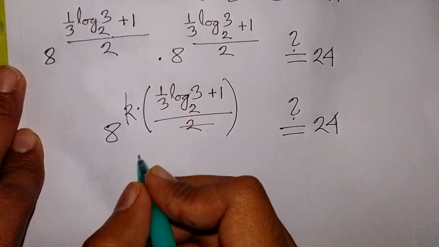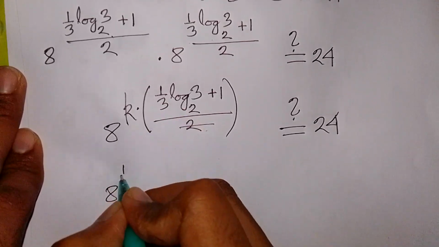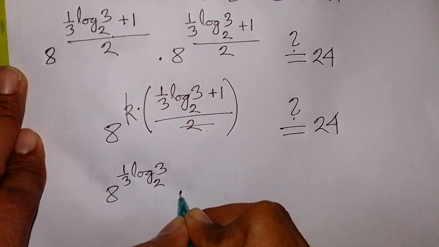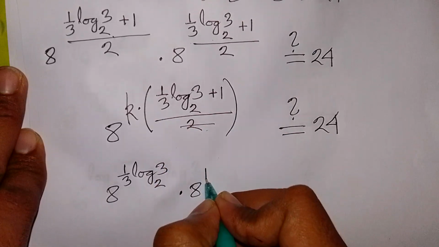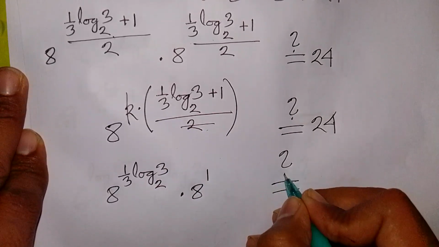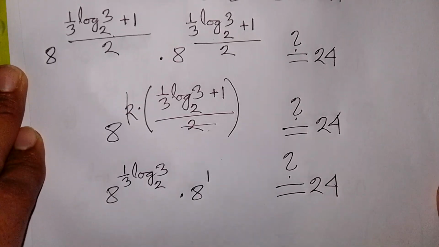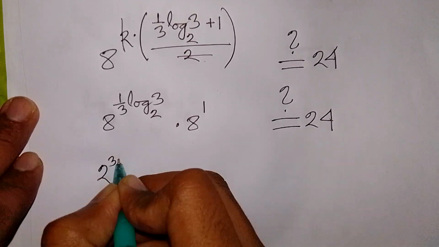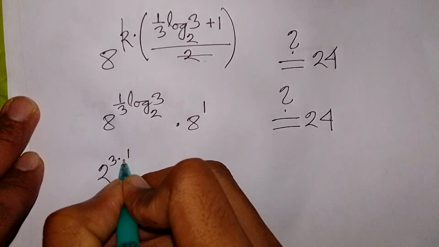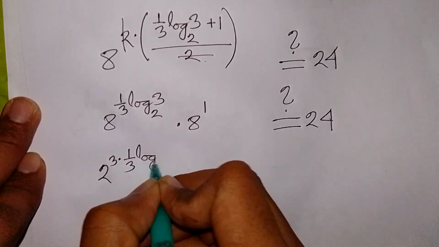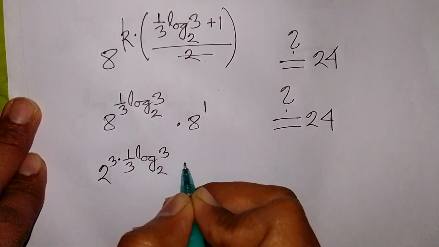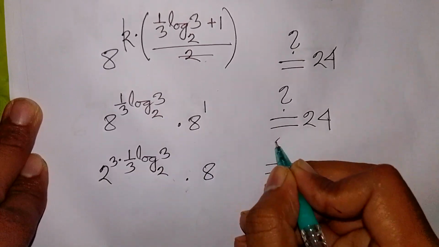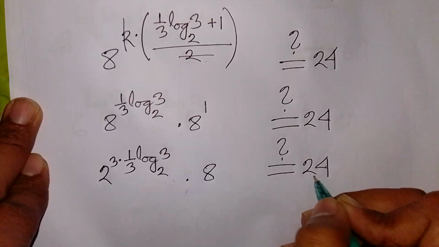Now here we apply the exponential rule, so it will be 8 power 1 by 3 log 3 base 2 here times 8 power 1. Is it equal to 24? Now 8 is same as 2 power 3, then multiplied by power of 1 by 3 log 3 base 2 here, times 8 power 1 is same as 8. Is it equal to 24?